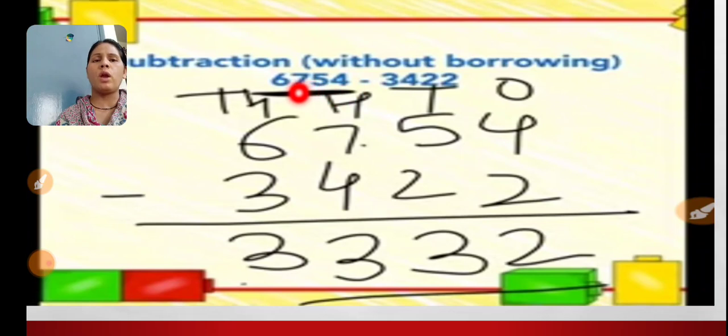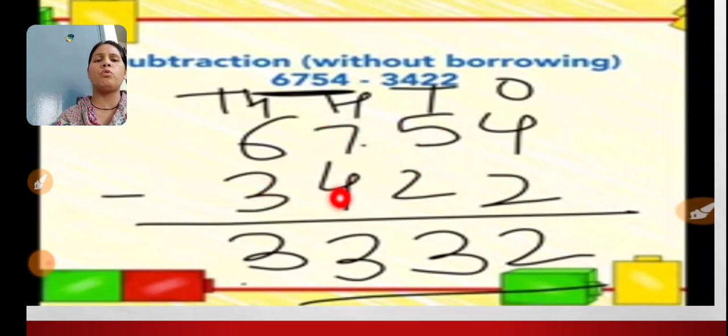Now I will write down the place value chart: ones, tens, hundreds, thousands, and place the larger number on the top and the smaller number below it.